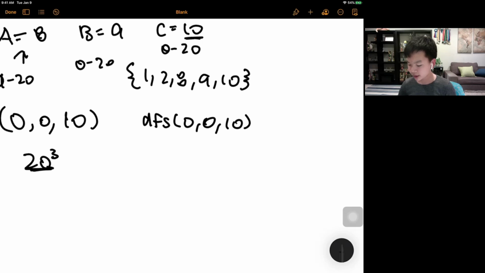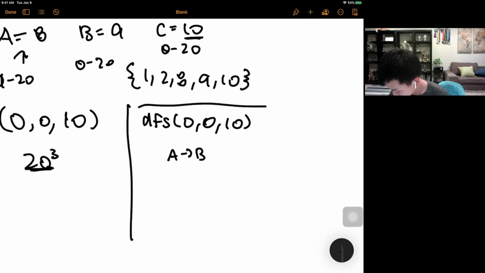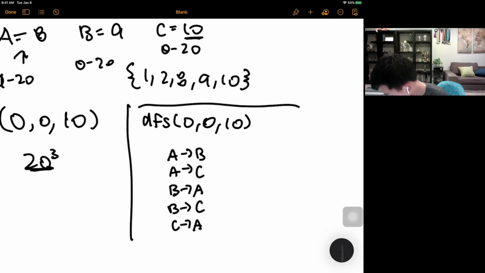And now, how do we make our next state? We can either pour from bucket A to bucket B. We can also pour from A to C. We can also pour from B to A, B to C. We can also pour from C to A, and C to B. If you pour from A to B, let's call the amounts small a, small b, and small c.